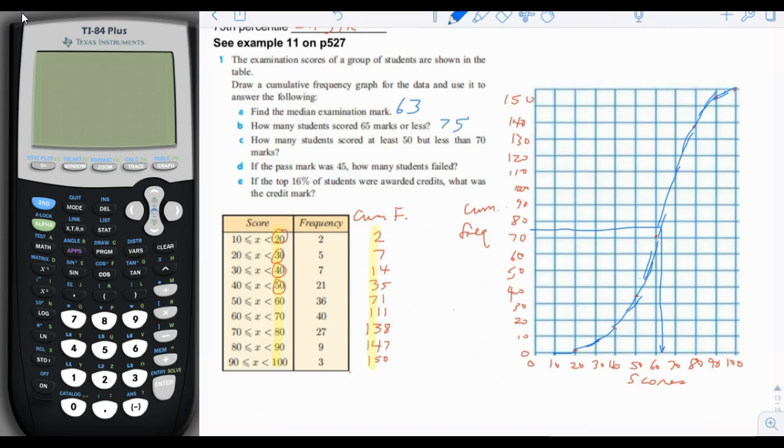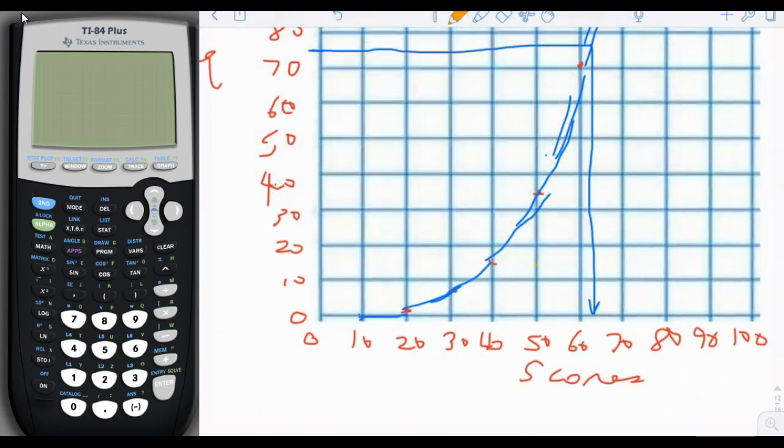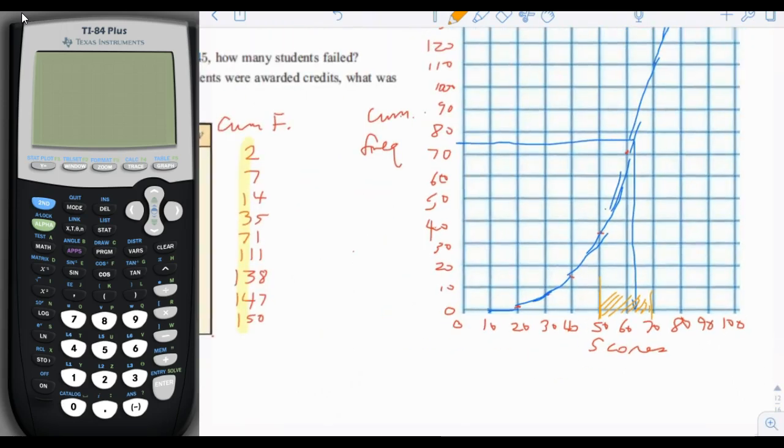How many students scored at least 50 but less than 70 marks? Okay, so at least 50 but less than 70. Let's mark that here. We're going to mark it with orange. At least 50 but less than 70, so that would be this region here, right? Let's see what that corresponds to on the y-axis. That would be here, about a 35.